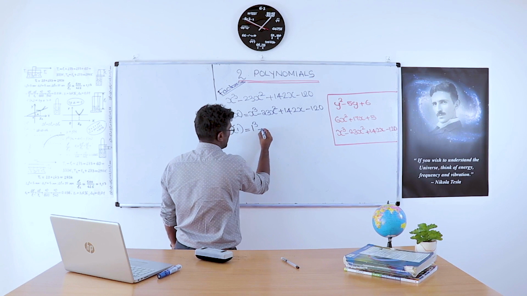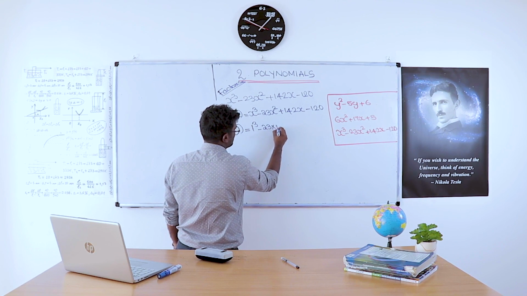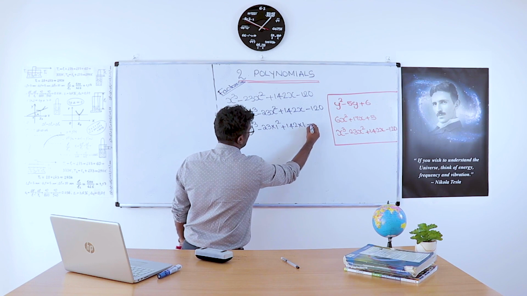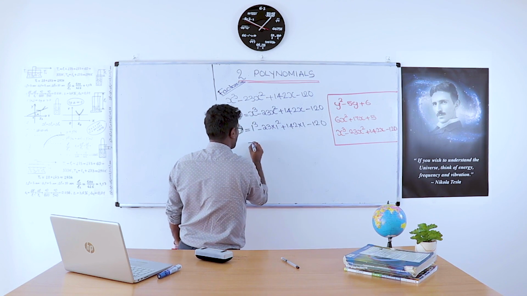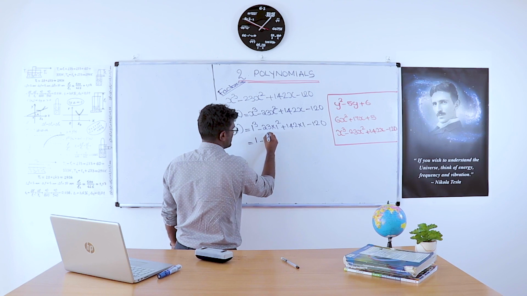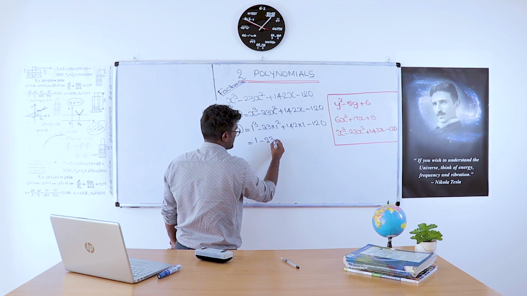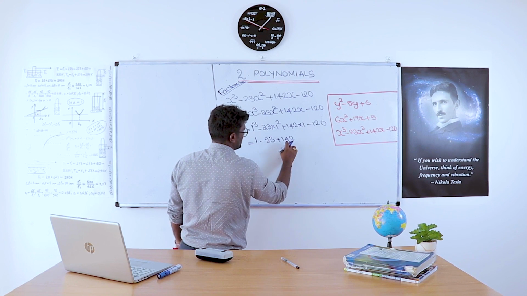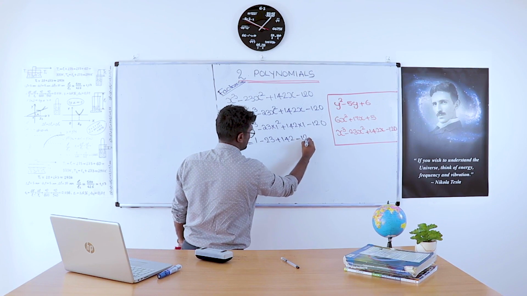So how will you find P of 1? 1 cube minus 23 into 1 square plus 142 into 1 minus 120. So 1 cube is 1, minus 23 into 1 square is 23, plus 142 into 1 is 142, minus 120.